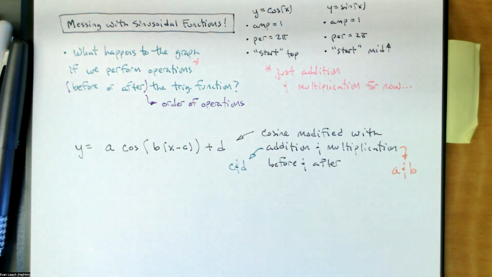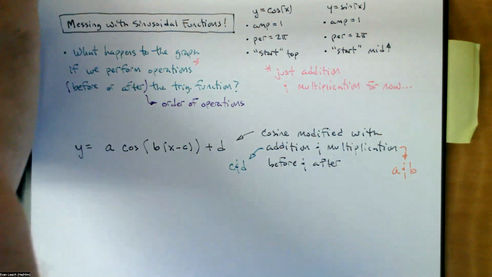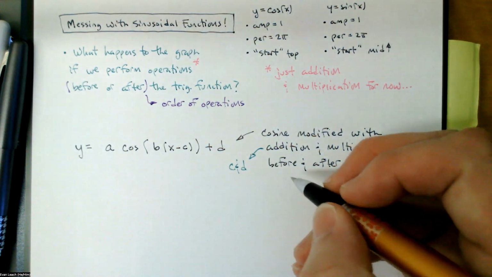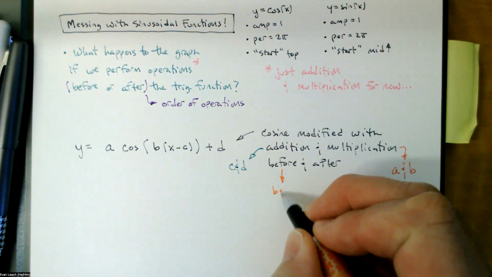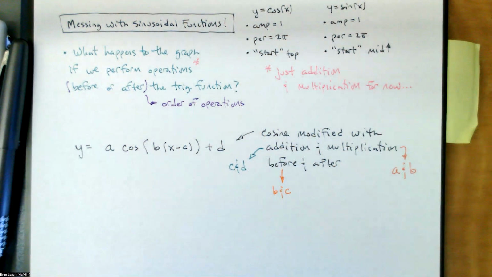Some of the modifications happen before the trig function, and some happen after the trig function. Before the trig function are the modifications B and C. We take X, subtract C, then multiply by B, then do the cosine.